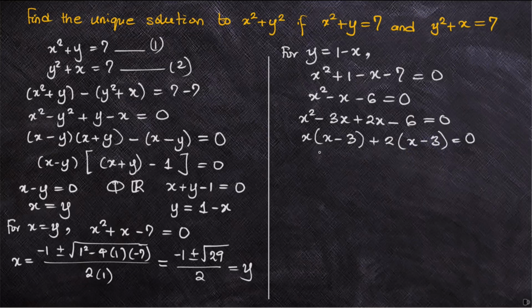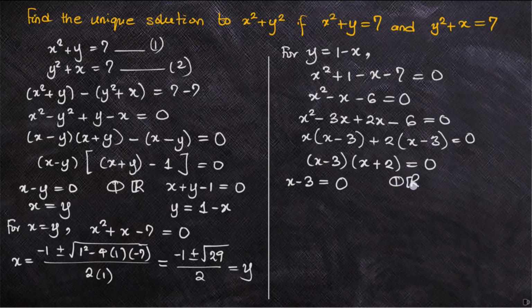Now here again, I have x minus 3 is common to both terms, x from the first and then plus 2 from the other term. So in this case, what I'm going to have is that either x minus 3 is equal to 0, or I'm having that x plus 2 is 0.